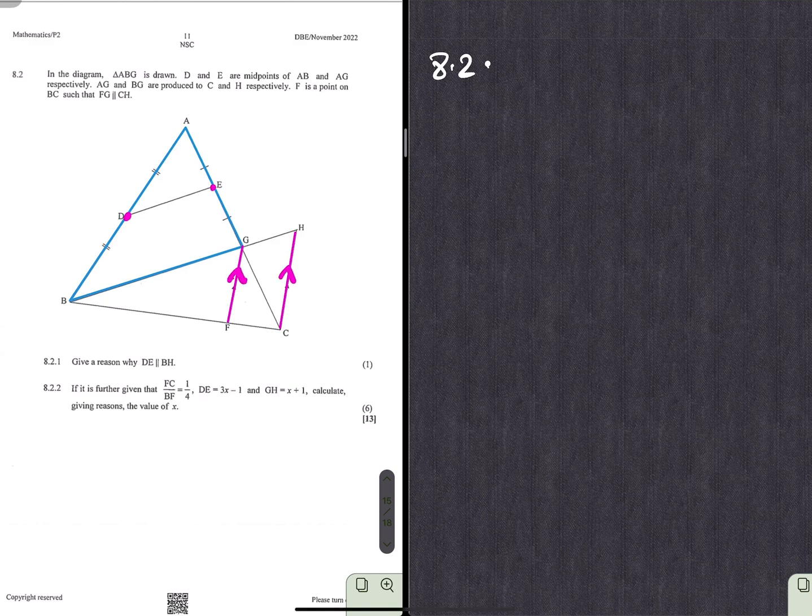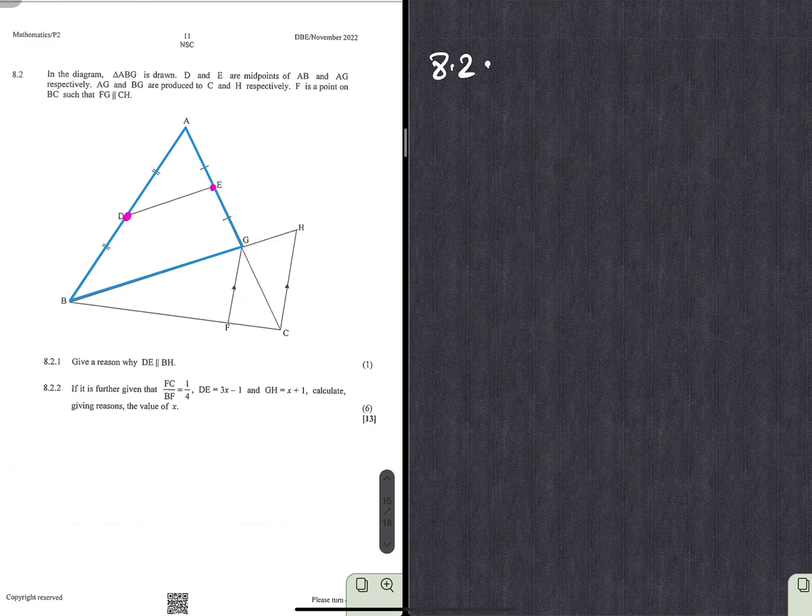That is a very good thing. Let's check what else we are given. Nothing. So if this one and this one are parallel, it means their sides are in proportion. It's called the proportionality theorem.